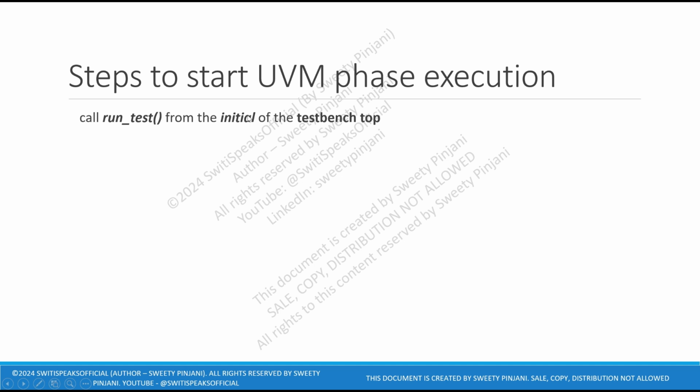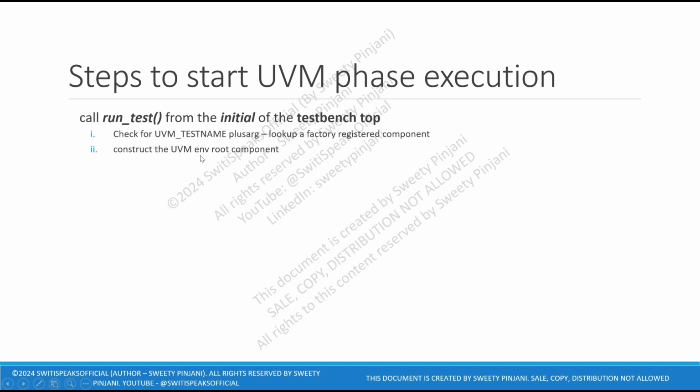In that top, there will be an initial block from which we will call run test method. What this run test method will do, it will check for the UVM test name plus args. UVM provides a plus args UVM test name where we will provide the name of the test, and then it will look up in the factory for the test which is registered with that test name.